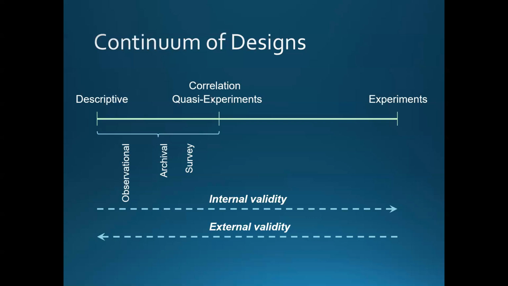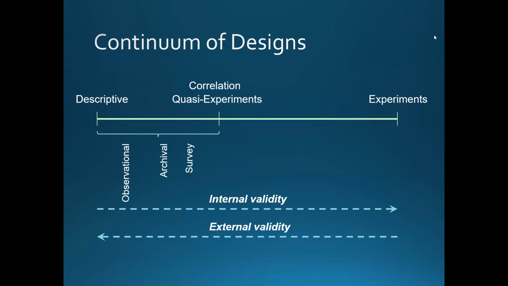And then correlation and quasi experiments are a little bit muddied here, where they have more internal validity than just viewing someone out in the street or just viewing someone do something, but their external validity is also a little bit high. It's in the middle. So just so that way, for purposes of the test, obviously know what internal and external are, how they play off each other, and know, do experiments have high internal validity or low internal validity?